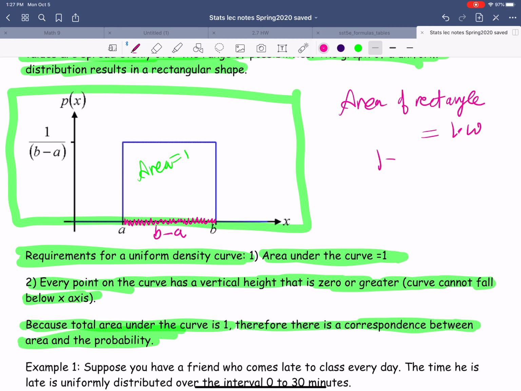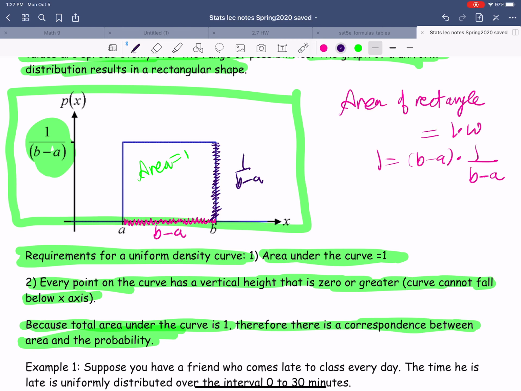In this case, we want the area to be 1, and we know the length is B minus A. The width, or the height, has to be 1 over B minus A. So that's where this comes from. The purple marked line has to be 1 over B minus A. Only then can the area equal 1.